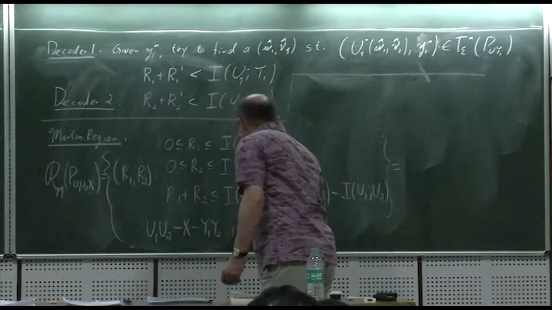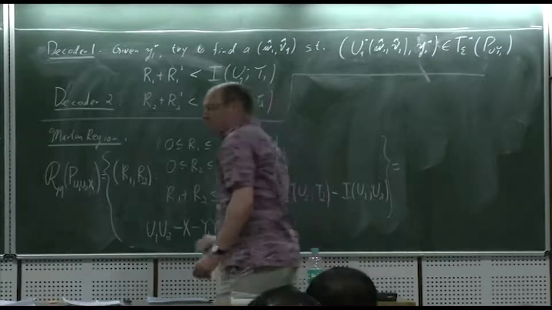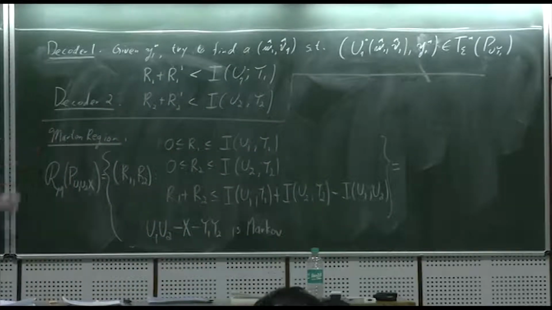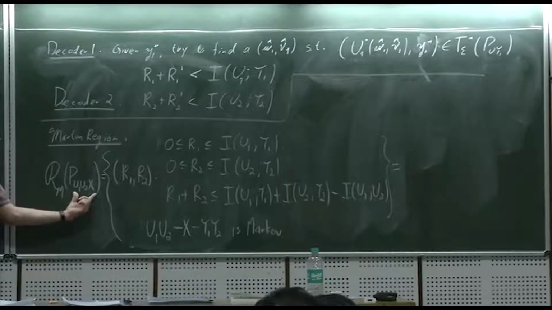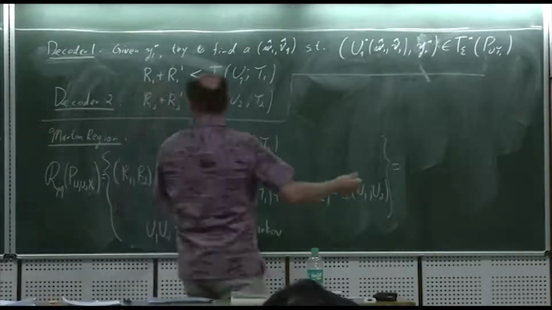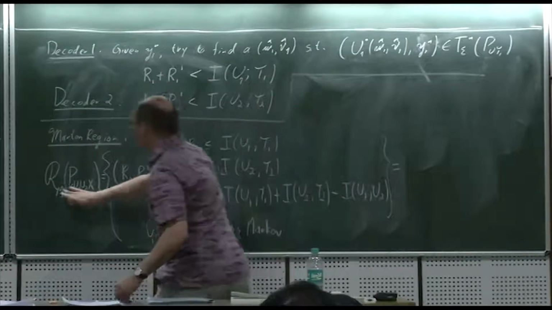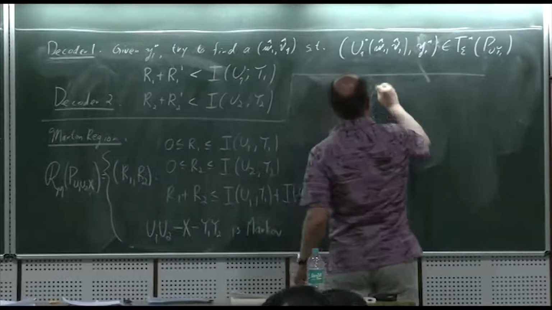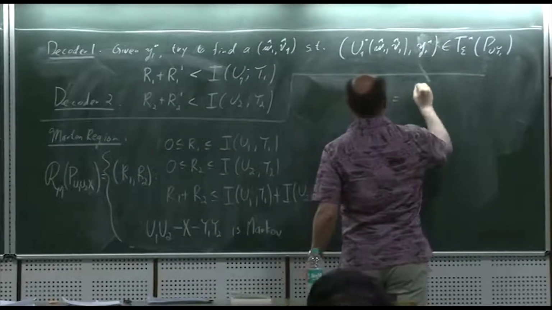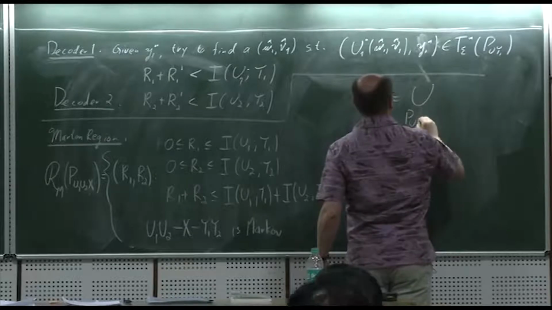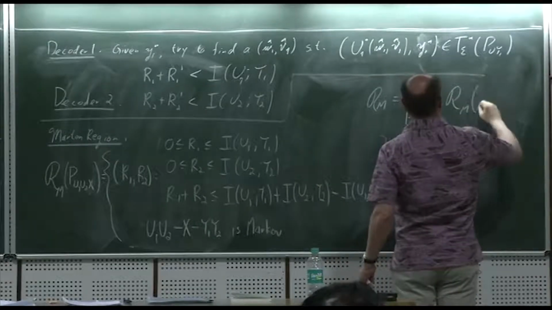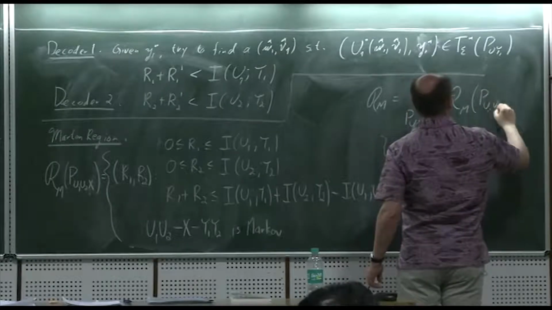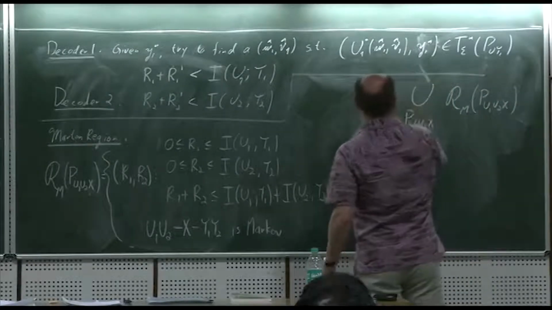That chain has to be Markov. Okay, but I can still optimize. Now I can still optimize over all joint distributions of U1, U2, and X. And that then becomes the Marton region. So maybe I should write it like this: R_M is then the union over all p(U1, U2, X) of R_M(p(U1, U2, X)). Right, so that will be the Marton region.